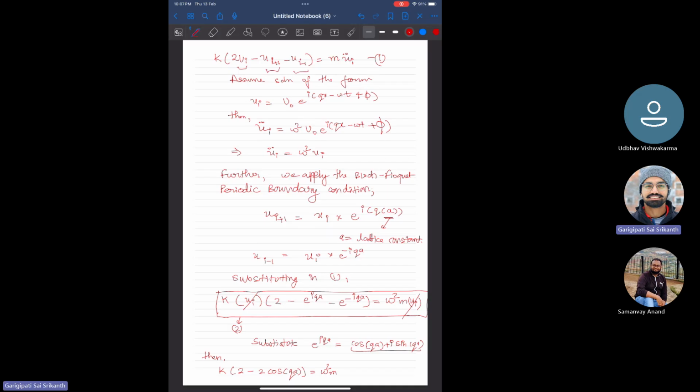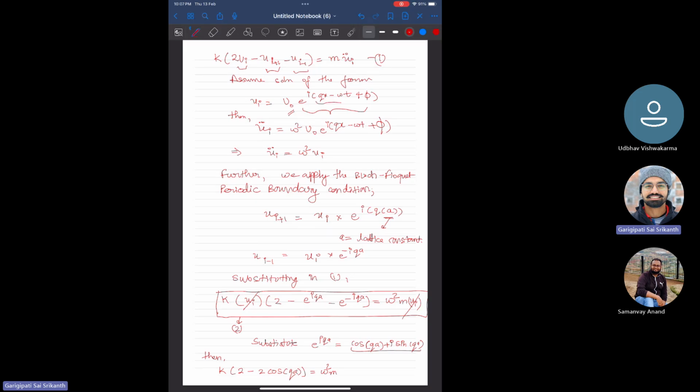And then we say for a harmonic solution, we assume u to be of the form u naught times e to the power i times (qx minus omega t plus phi).